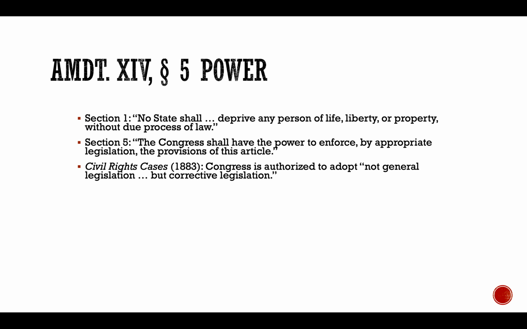Congress can have a plan for regulating commerce, and it can enact that pursuant to the Commerce Clause. But here, the court in this 1883 case said the most Congress can do to enforce this is pass legislation that would address state violations that are now prohibited by virtue of Section 1. So the court called Congress's power here a power to pass corrective legislation.